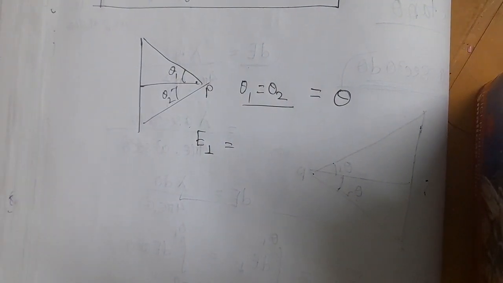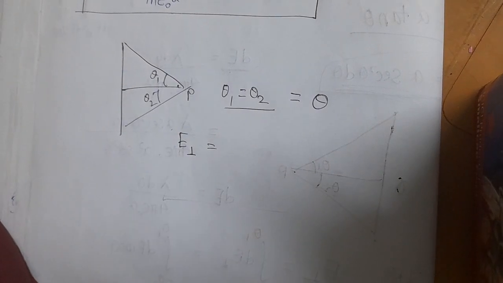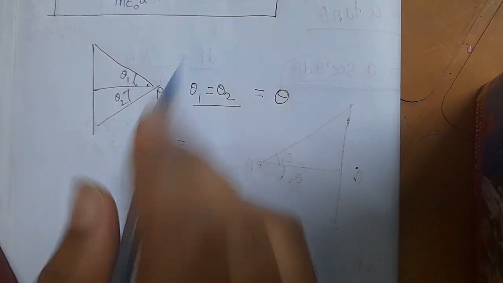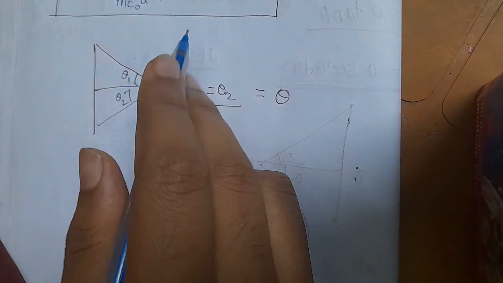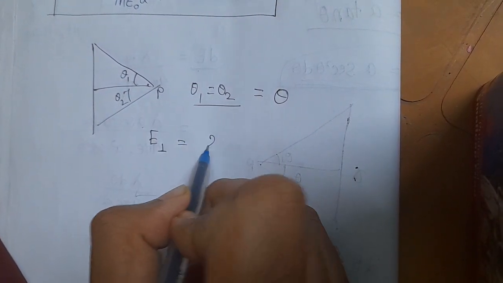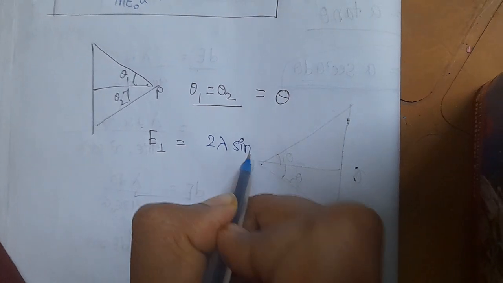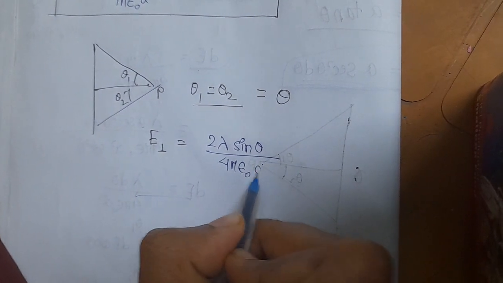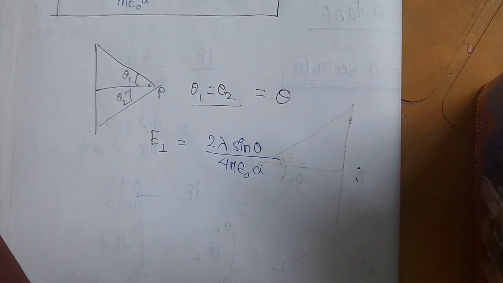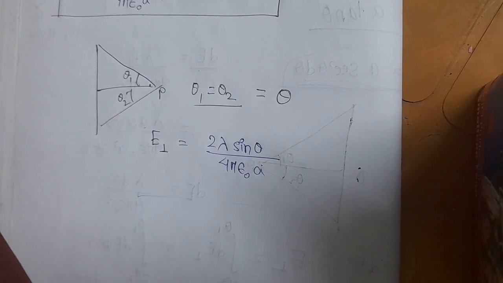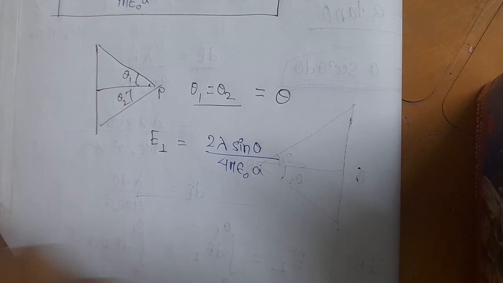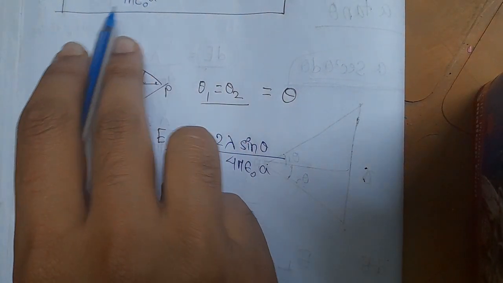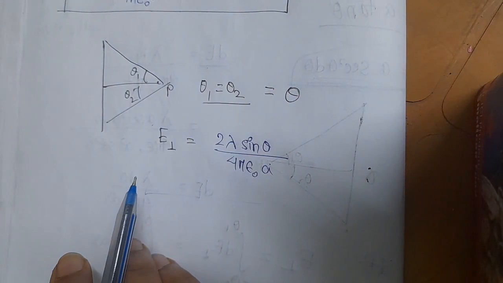Still, for some things I'm giving this for more information. These are only practice things. It will come on your own. It will be 2 lambda sine theta over 4 pi epsilon naught a. And what will E parallel be?